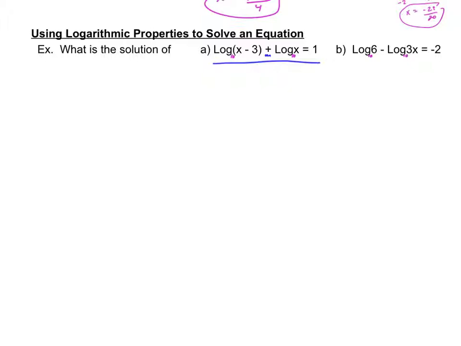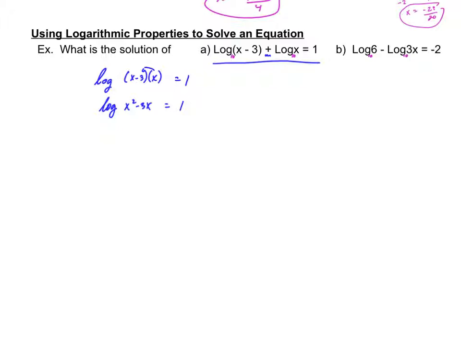And I do have like bases, so I should be able to rewrite this as the log of x minus 3 times x is equal to 1, because I've just gone and made that into a single expression, or the log of, I'm going to FOIL this out here, x squared minus 3x is equal to 1.